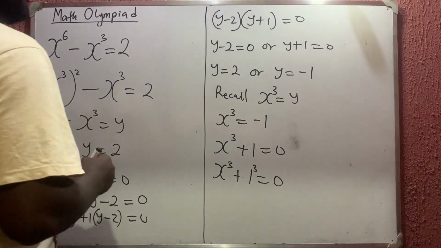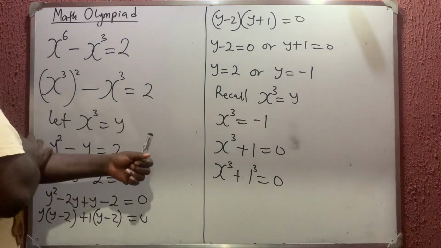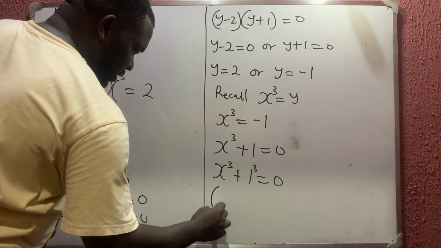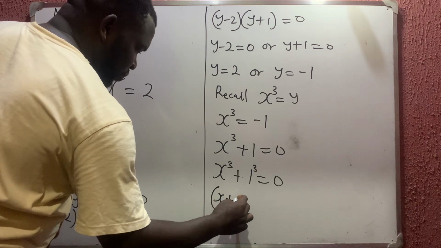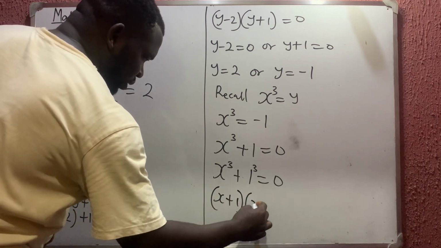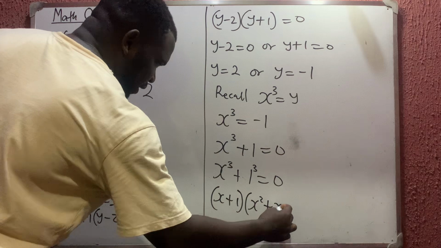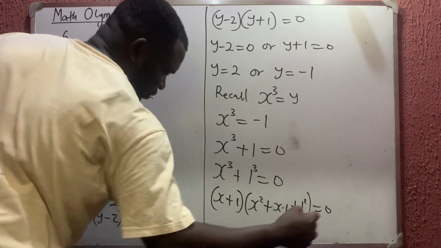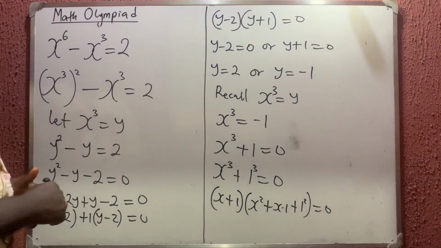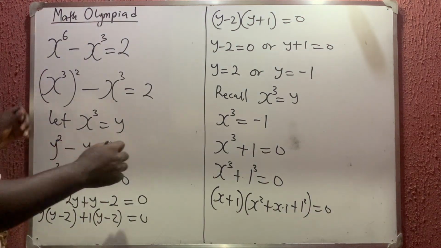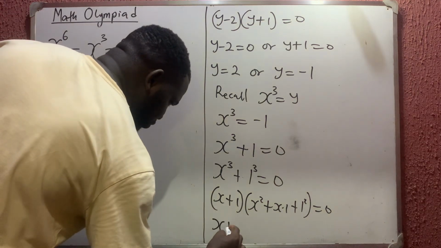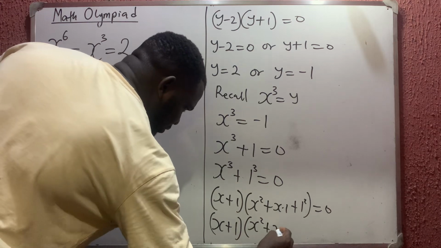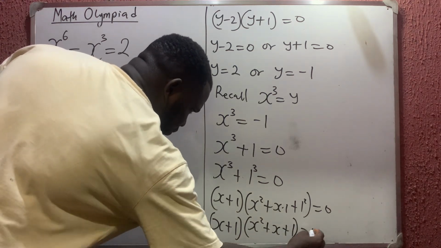Now don't forget that this is something like saying x plus 1 into x squared minus x times 1 plus 1 squared is equal to 0. So what do we have now? We're going to have that x plus 1 and x squared plus x plus 1 is equal to 0.